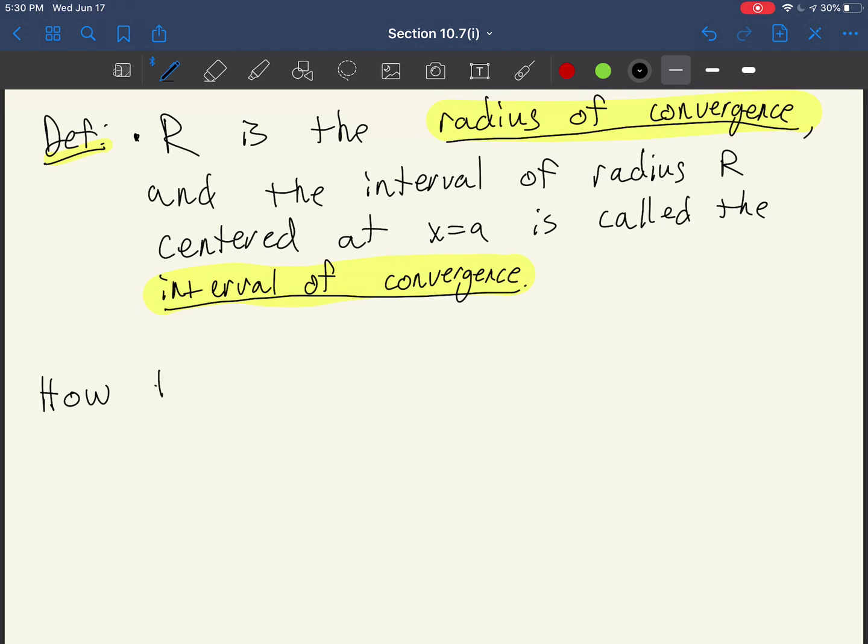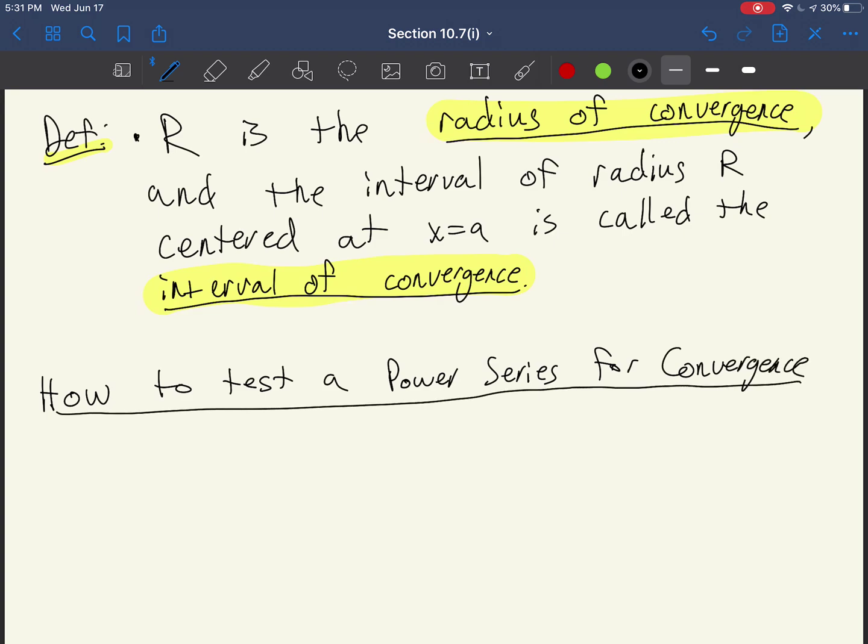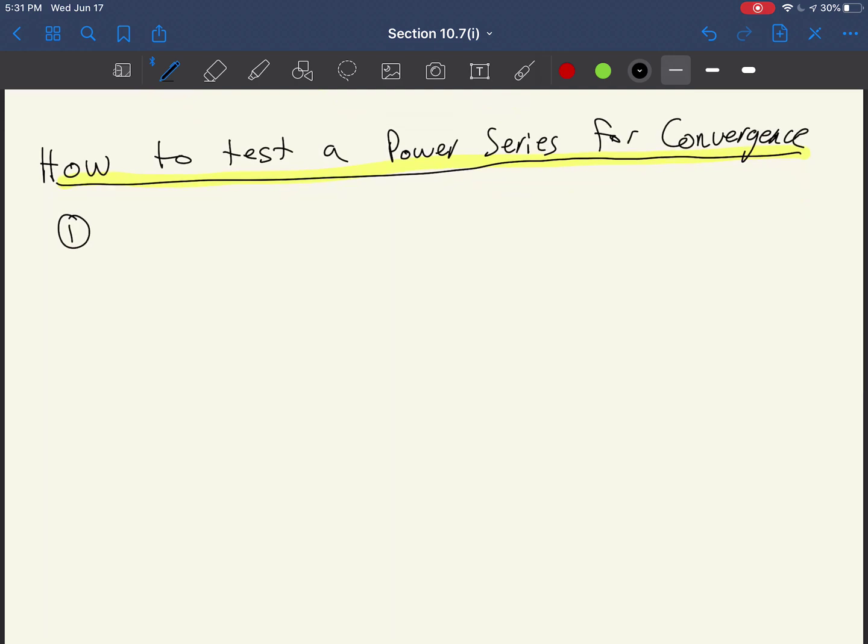Right, so the method for testing a power series for convergence. Step number 1, we're going to use the ratio or the root test.